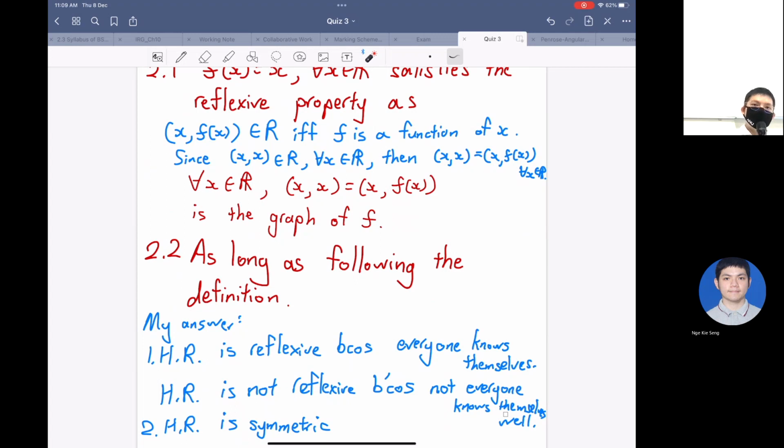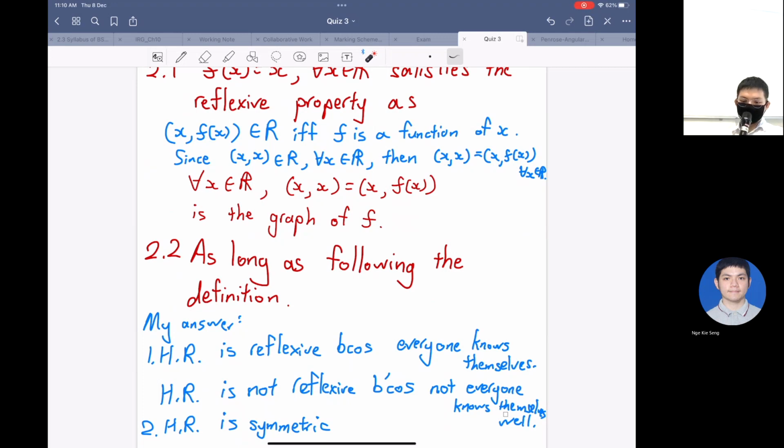But if I answer that the human relationship is not reflexive because there is someone who doesn't know themselves well, then as long as you can find one counterexample, not everyone and themselves are in the relation. It depends on how you argue. Some of you say that human relationship is symmetric because if I treat you well, the person will treat me well as well. I don't know if this is true or not, but I think this is a good belief, so you should keep doing it. It makes the world better.